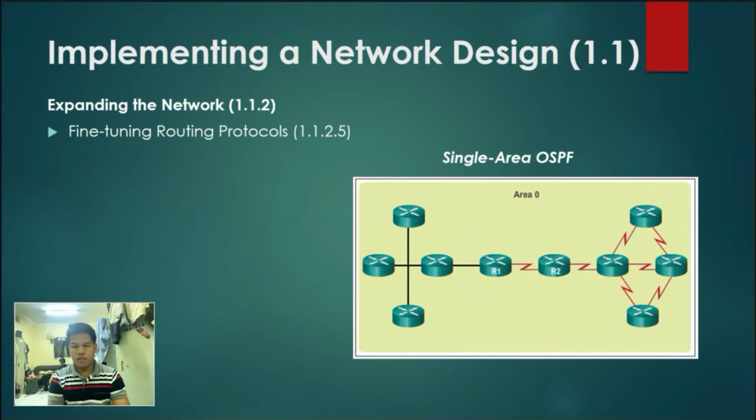For single-area OSPF, the link-state routing protocol Open Shortest Path First, or OSPF, as shown in this figure, works well for larger hierarchical networks where fast convergence is important. OSPF is a popular link-state routing protocol that can be fine-tuned in many ways.